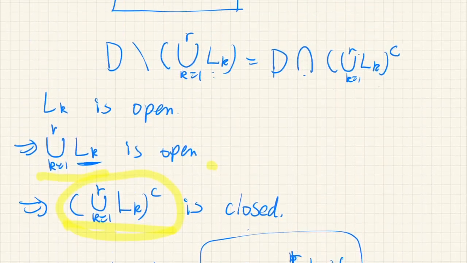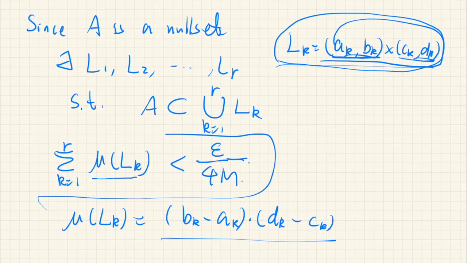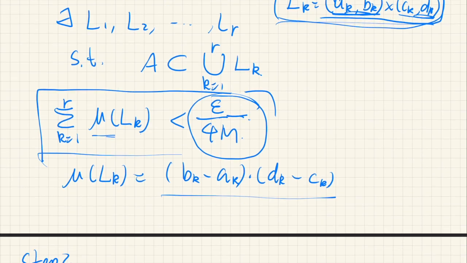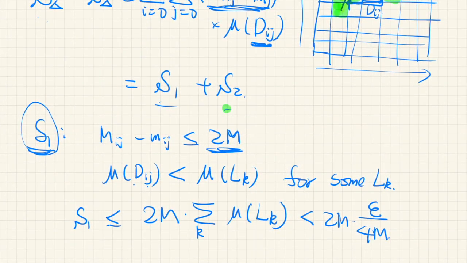Because of this: the sum of the areas of these covering open rectangles can be arbitrarily small. In this case, it can be made smaller than epsilon over 4M. Therefore, we have this inequality. So this M is cancelled, this is cancelled, and we have epsilon over 2.